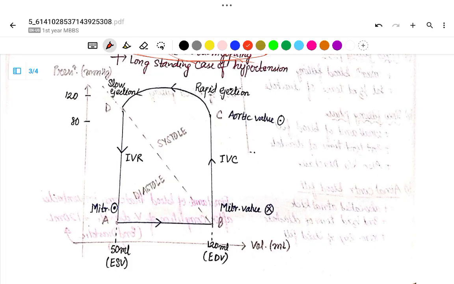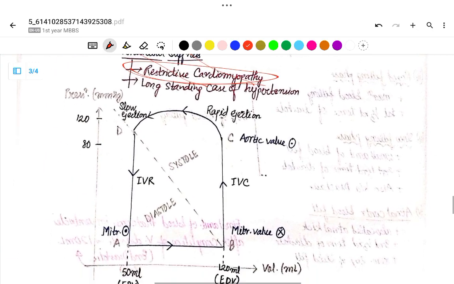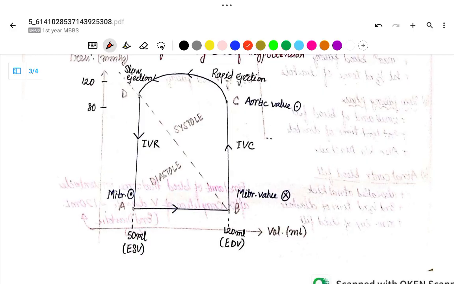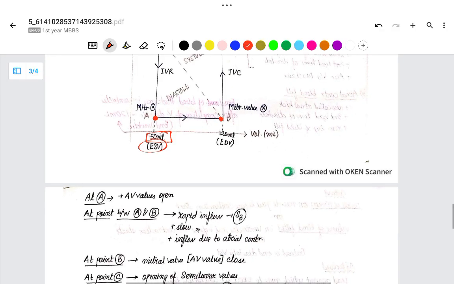So this we can see, this is point A, point B, point C, and point D. Point A, 50 ml, is the ESV, end systolic volume. At A, what happens?